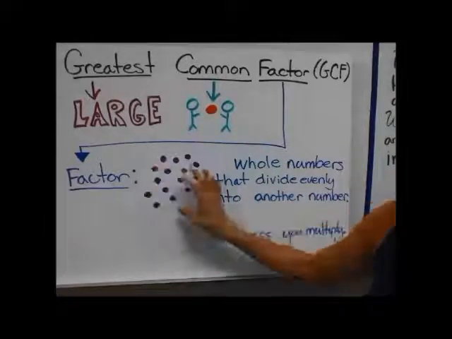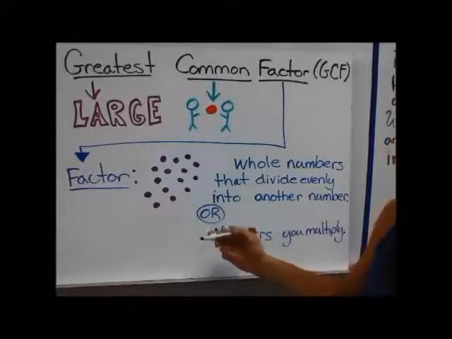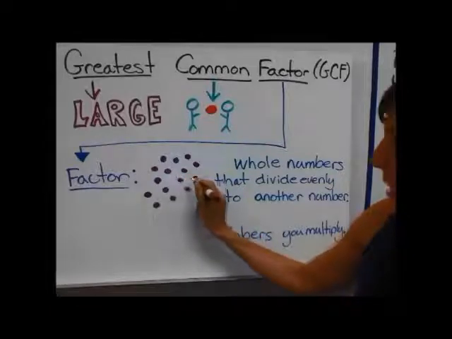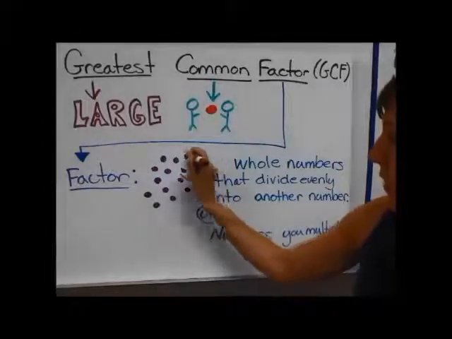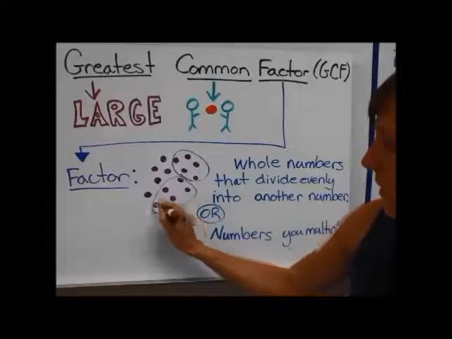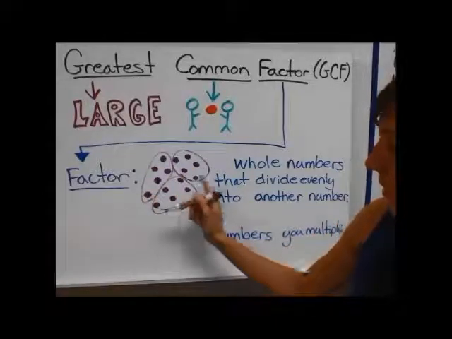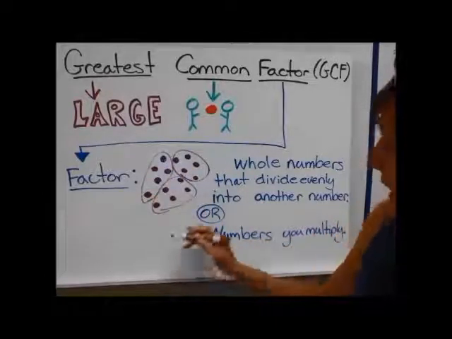So I put 15 gumballs right here. Let's look at those and divide them evenly. I can make groups of 5 gumballs. So I have 5 there, 5 here, and I can make a group right here. So that's 3 groups of 5.